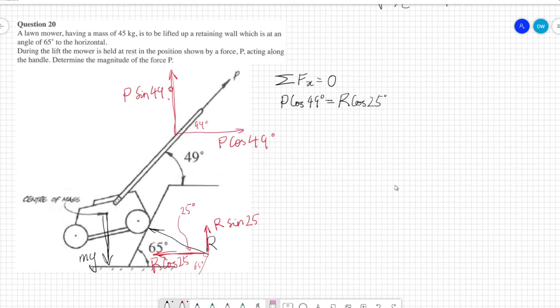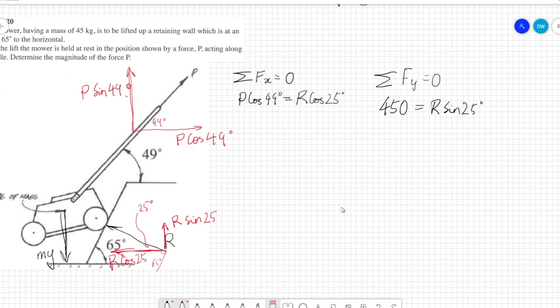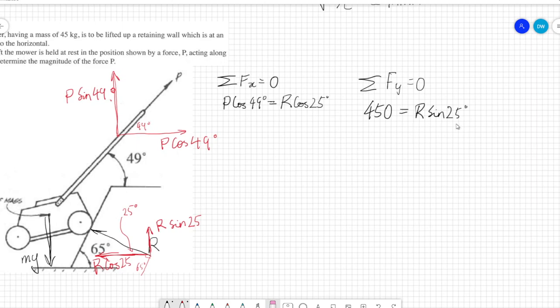In the vertical direction, mass is 45 kilograms, g is approximately 10, so mg is 450, which has to equal R sine 25 degrees plus P sine 49 degrees.